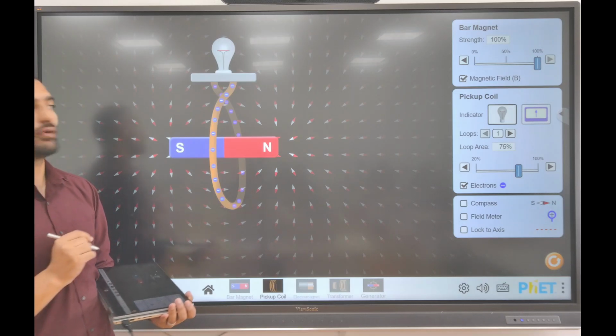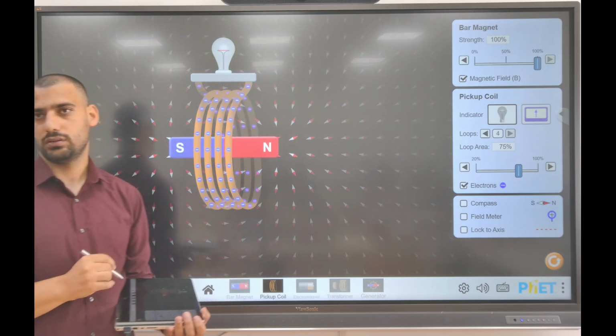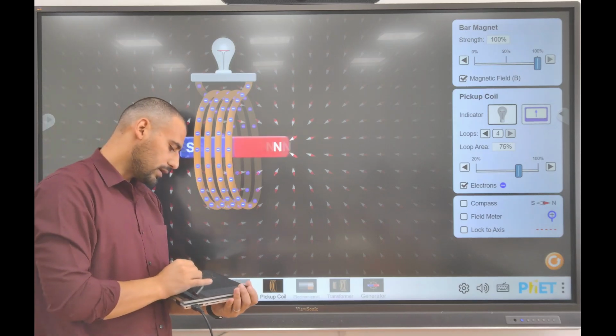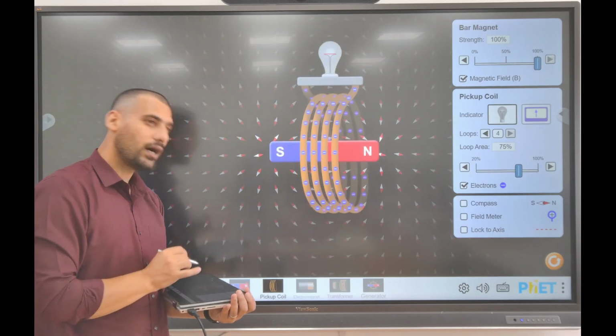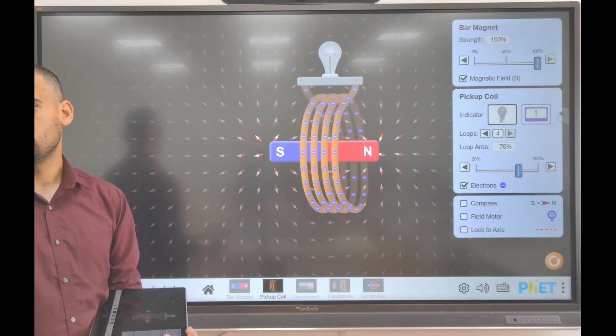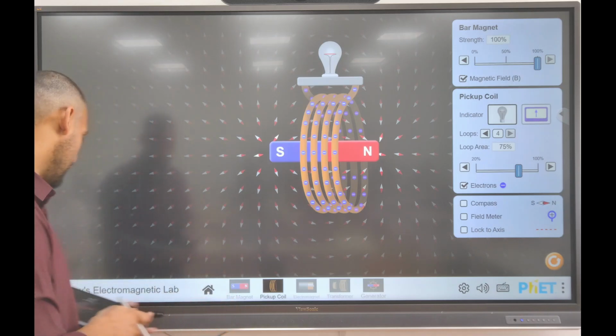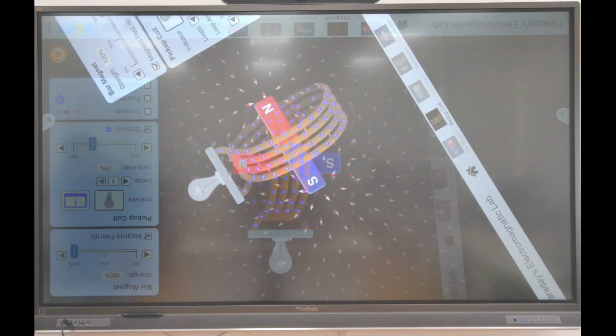Now I ask you a question. The question is, if both the magnet as well as the coil are moving with the same velocity, will the bulb glow? No. Why? Because it's constant. Exactly.